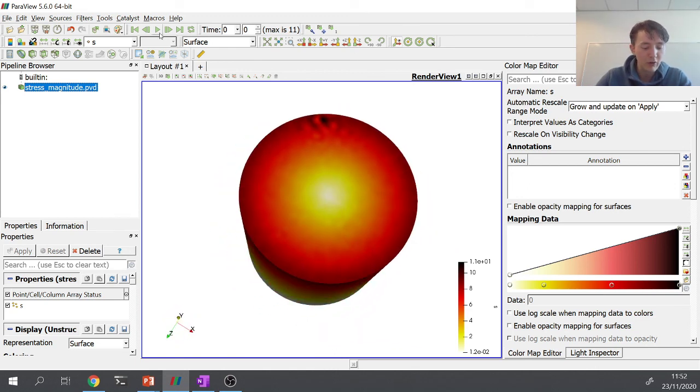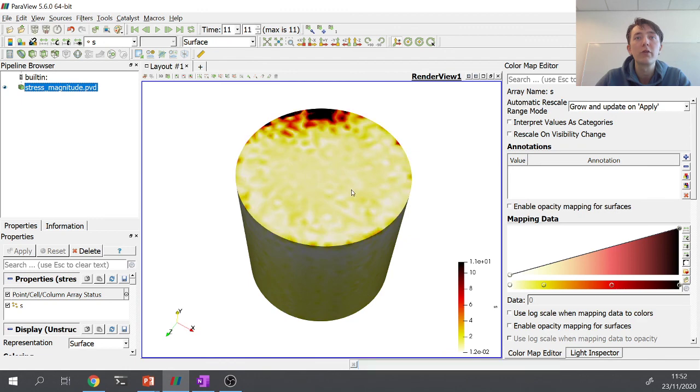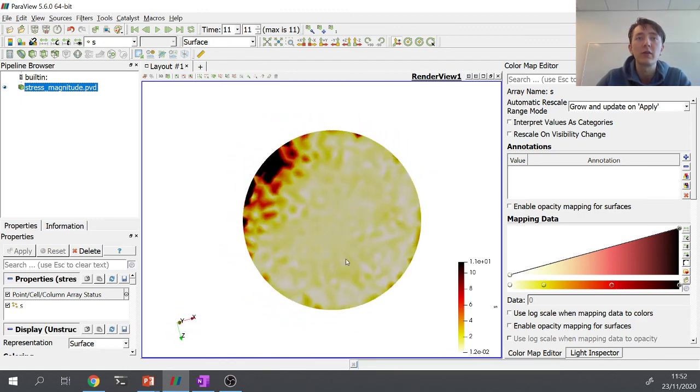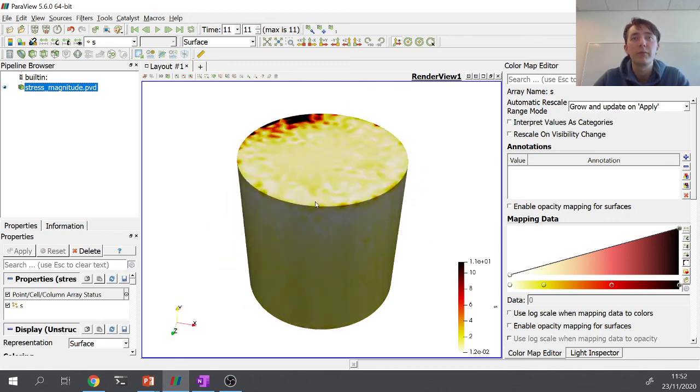And if I then continue in time, I find that it's getting worse and worse and worse, and at some point I just get results that don't make a lot of sense anymore. So this is an example case where these instabilities do indeed spoil the results of an industry relevant simulation.